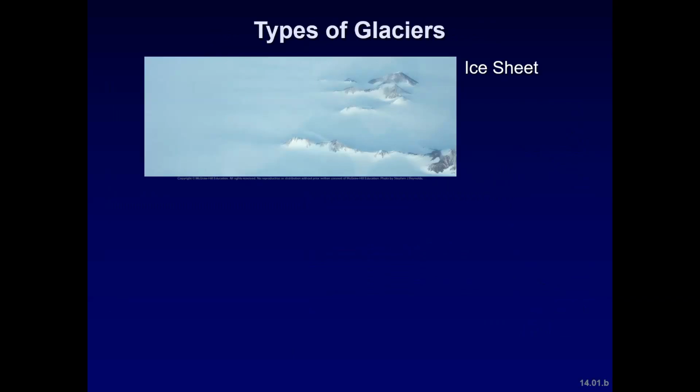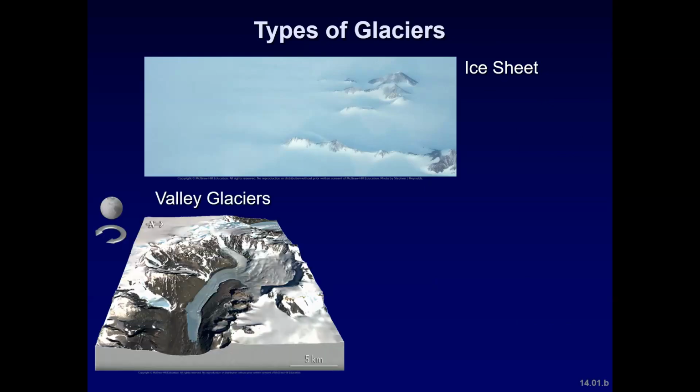So broadly, we have a few different types of glaciers. You can have an ice sheet. Those are regionally continuous masses of ice, and some of those can spill over cliffs, like in the case of Antarctica. You can also have valley glaciers. Those form between mountains at areas of lower elevation.